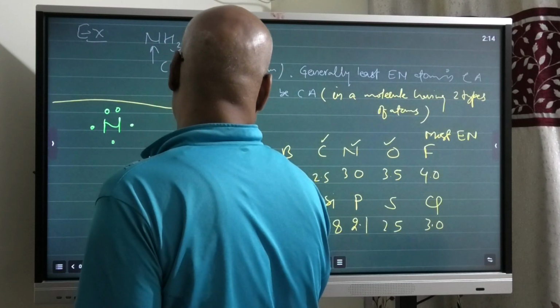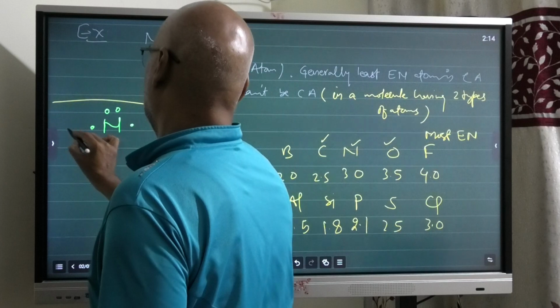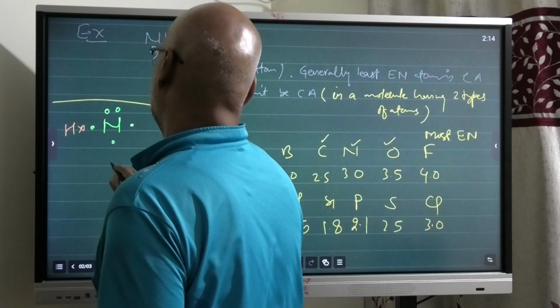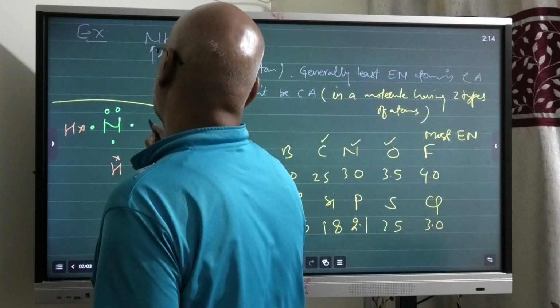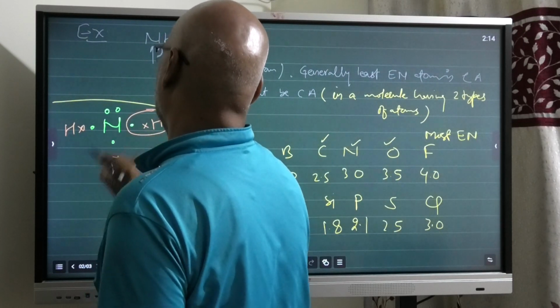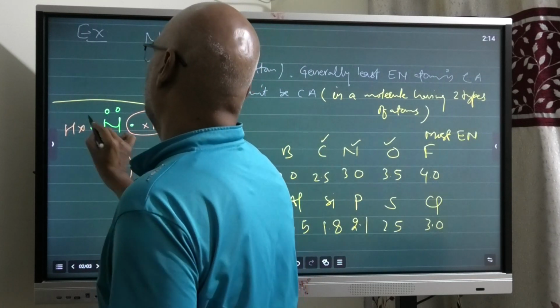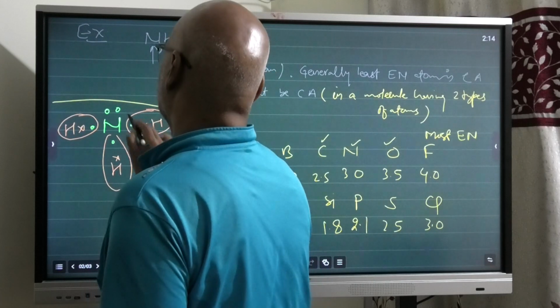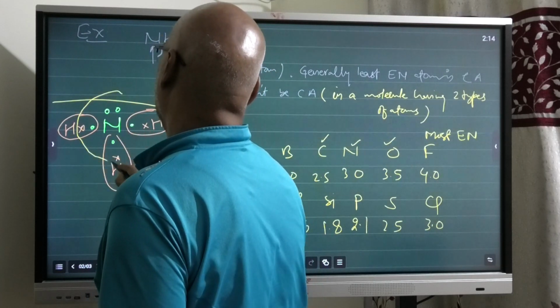Now I will use different symbol for hydrogen. Hydrogen I will use cross. Hydrogen cross for this, another hydrogen cross for this. So that we have done it already. Duplet, duplet, duplet. Now we have to go for octet. So this is basically the octet. Understood?